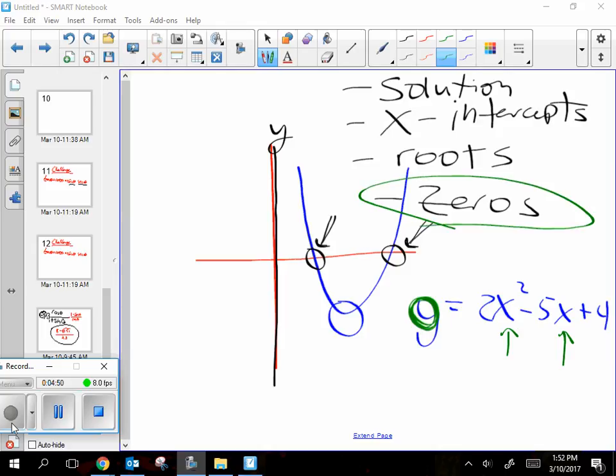So where are the answers? When you graph this thing, which you have already learned how to do, remember, you stick in numbers and you find points. You graph a bunch of points, and all of a sudden you find out, oh, it hit here and here. That's the solutions. Wherever it touches the x-axis, that's the solutions. They're the zeros. They're the things that'll make the equation equal 0. All right, so you're graphing.